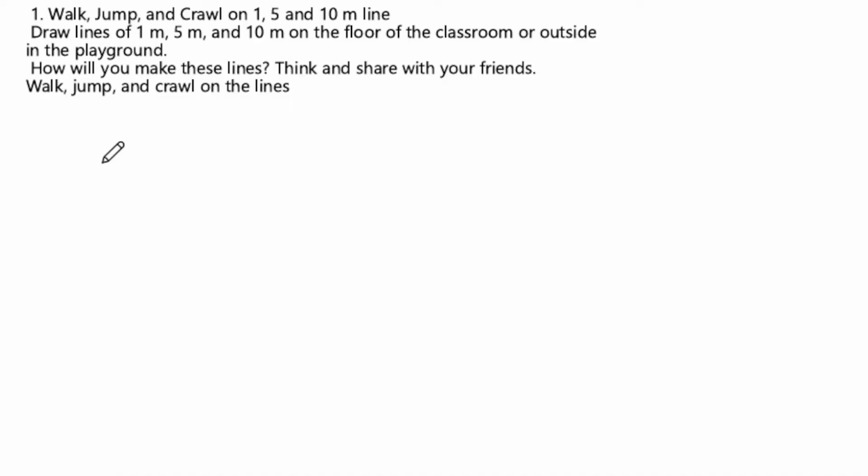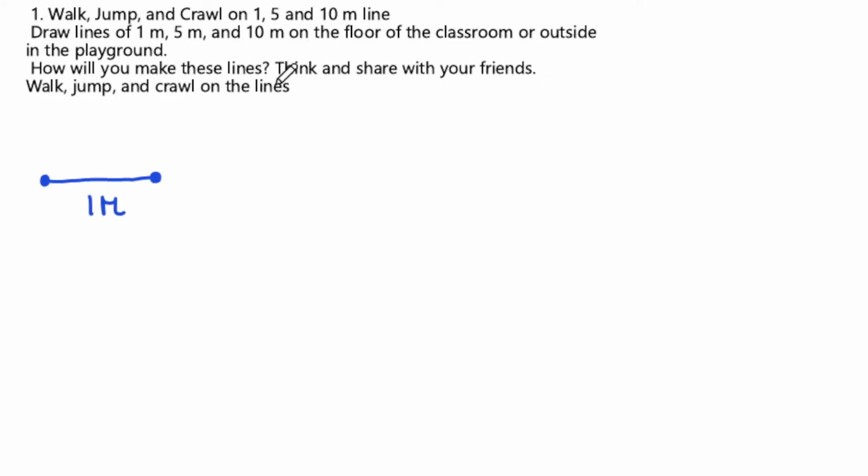Okay, first let me tell you. First, I'm going to take a 1 meter line here. So imagine that this is a 1 meter line. Just imagine a 1 meter line.